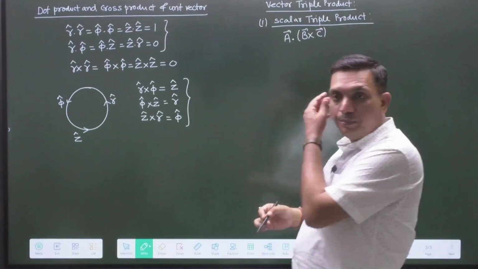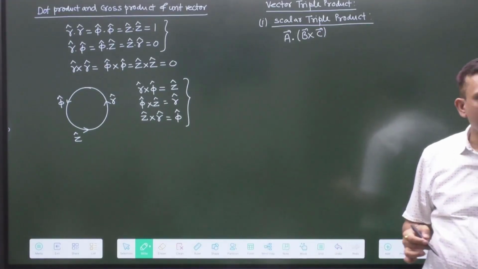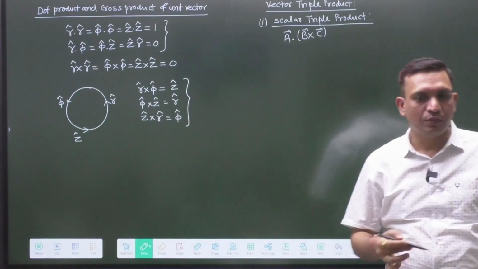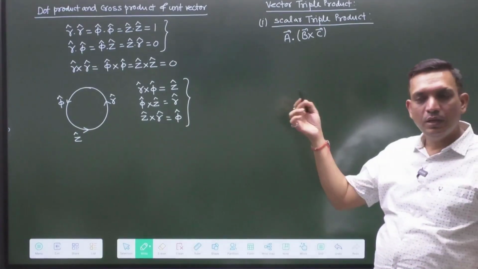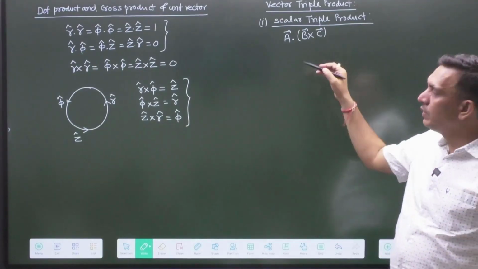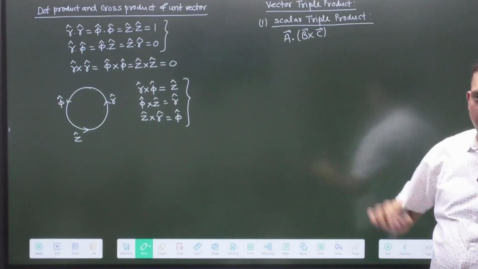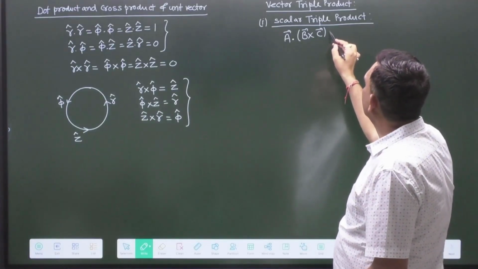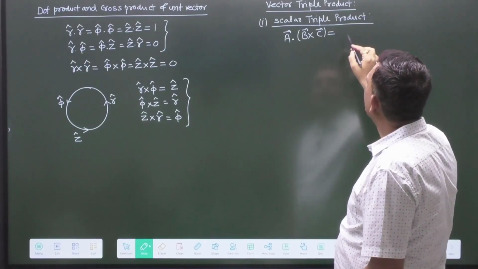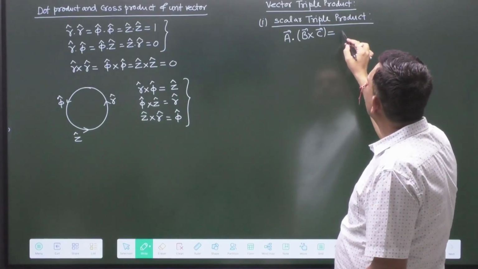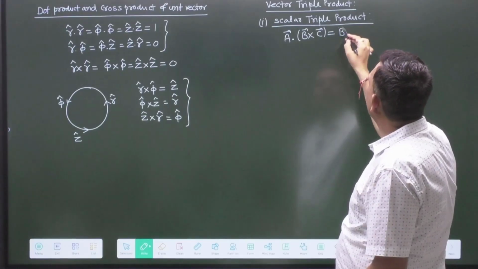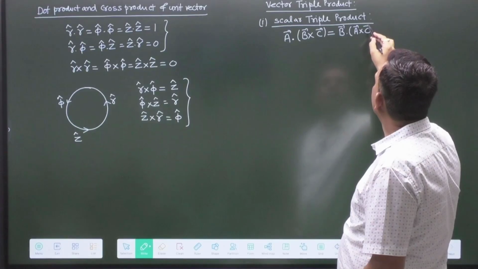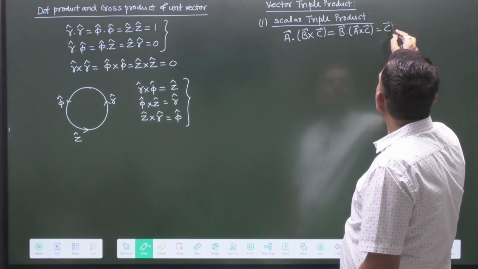Let's say B and C are two vectors. If you take the cross product, that will be a vector. So you can again take a dot product with that vector. That will give you the scalar triple product. And if you take the cross product, that will give you the vector triple product. So you must remember this.